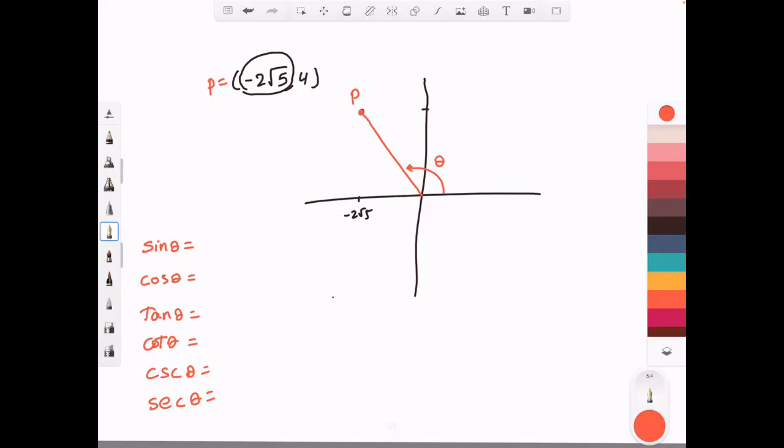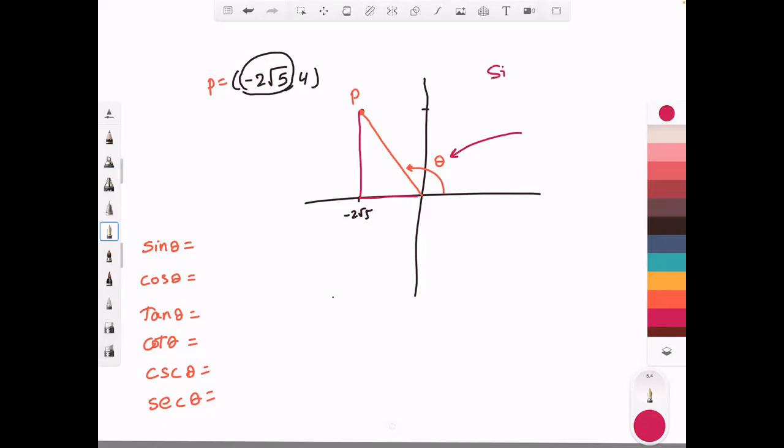So first we need to visualize it. We find theta here. In order to answer this type of question, we need to make a right triangle. We always make a right triangle to the x-axis. This is a right triangle, but theta is here. We learned about the reference angle.